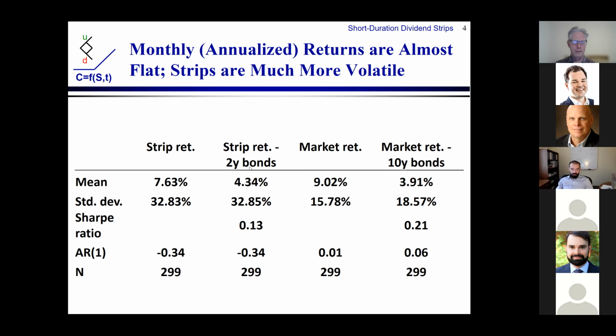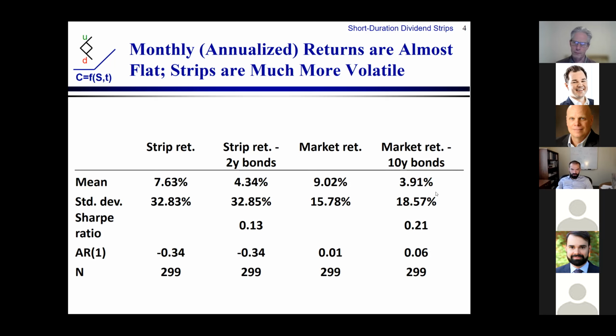Once you correct for the risk-free rate, and the strip we match with a 2-year bond, because the strip has about a maturity of 2 years, and for the market we are subtracting the 10-year bond. As the term structure of bond returns is typically increasing, you're subtracting less here and more over here.